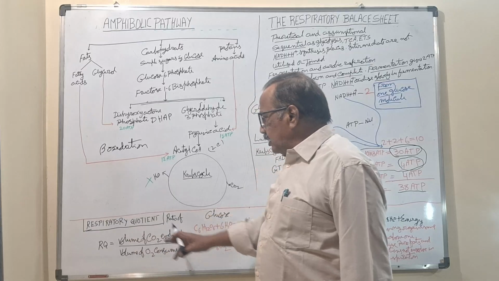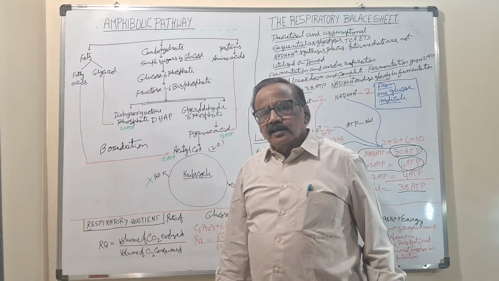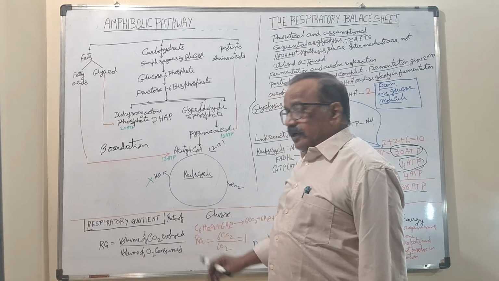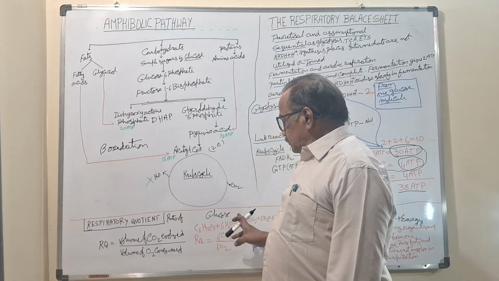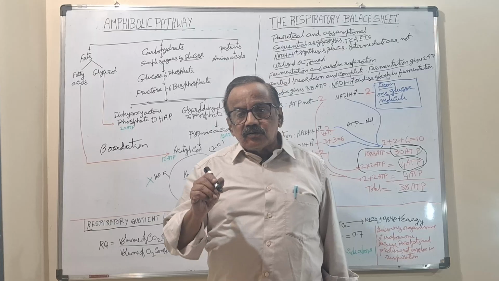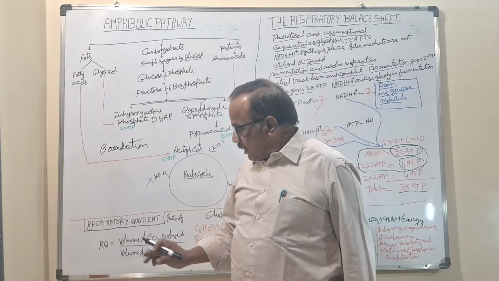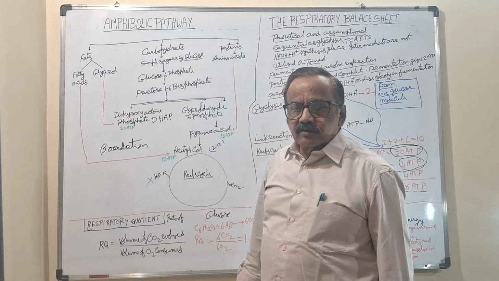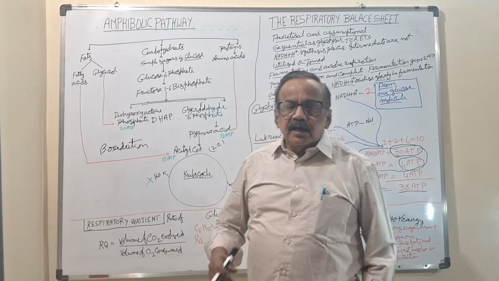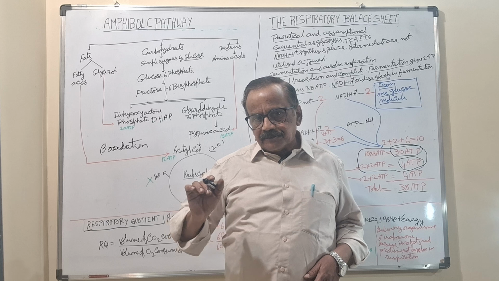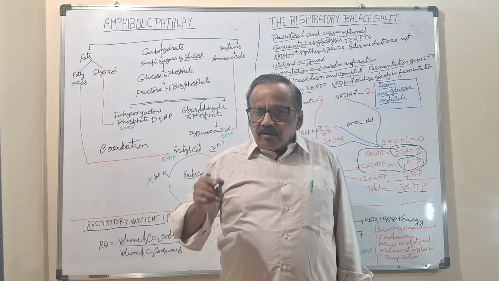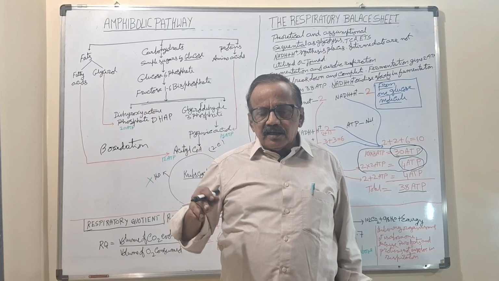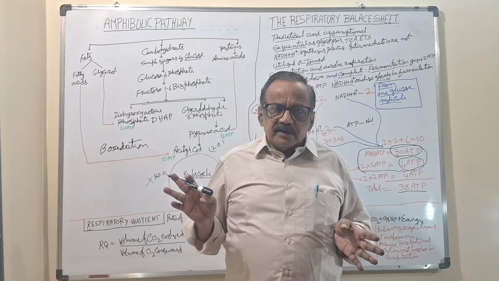Now, respiratory coefficient. What is this? Respiratory coefficient means the ratio between the volume of carbon dioxide evolved and the volume of oxygen consumed. Aerobic respiration is done in the presence of oxygen, all of you know. And the complete oxidation of glucose or any substrate will produce carbon dioxide.